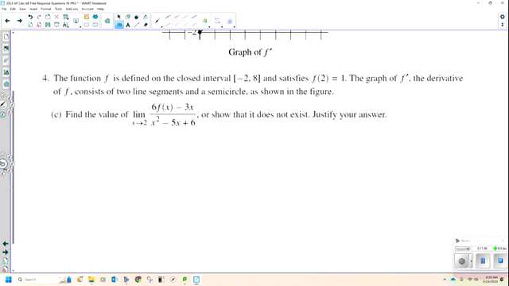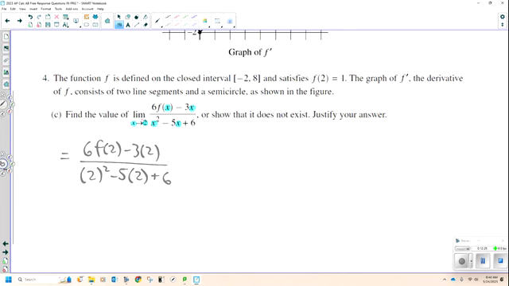So what I'm going to do is take this value, where x equals 2, and plug it in for every x here and see what we end up with. We get 6 times f of 2 minus 3 times 2, all over 2 squared minus 5 times 2 plus 6.